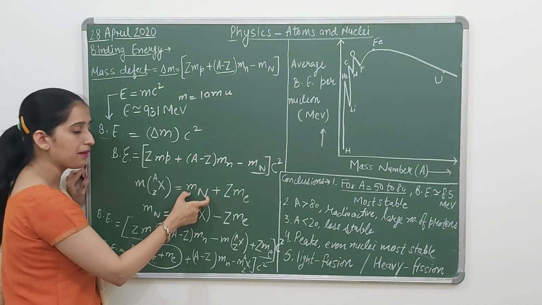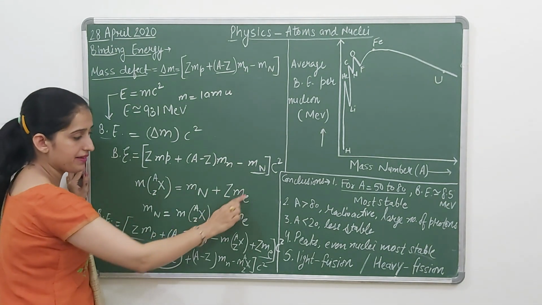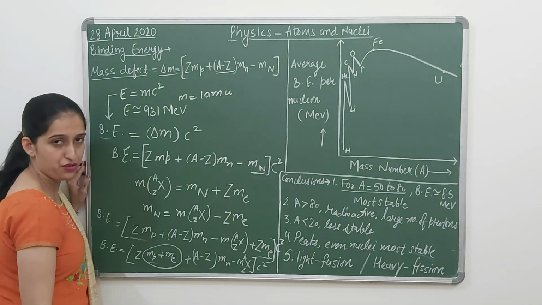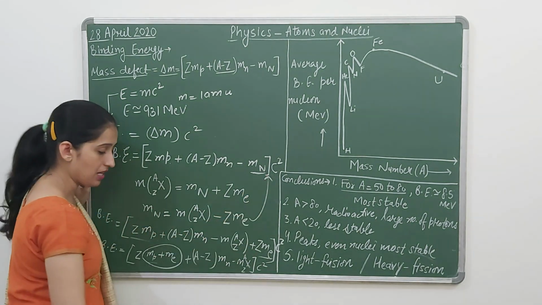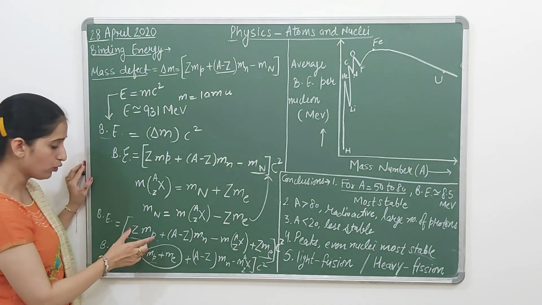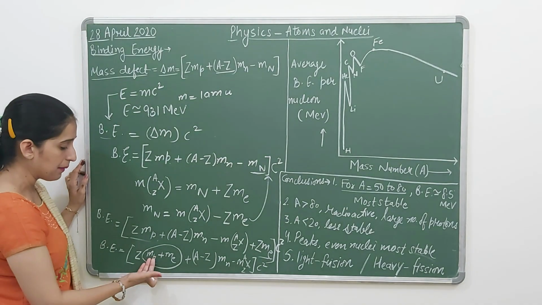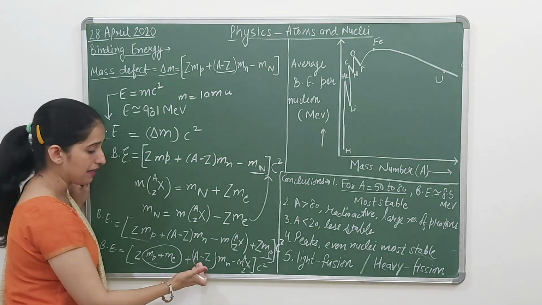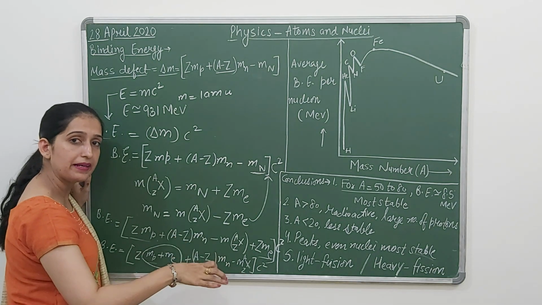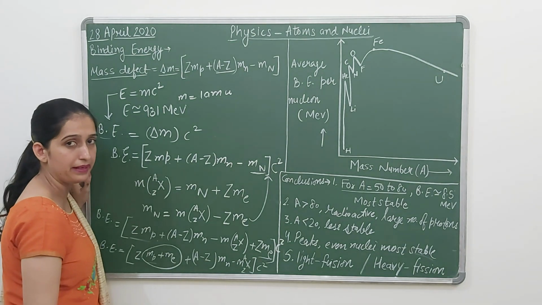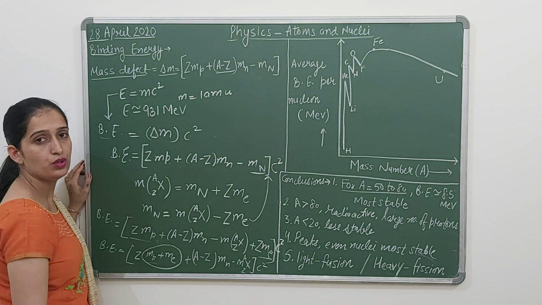So from here I am calculating mass of nucleus, which equals mass of atom minus mass of all electrons. Now replacing this value in this equation, I got this. Now two terms Z Mp and Z Me, I am taking Z common out. Mp plus Me, plus A minus Z, number of neutrons, into mass of neutron, and mass of atom, which can be measured experimentally. I hope up to this point it's clear to you.